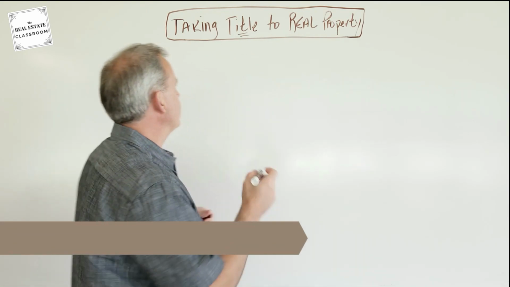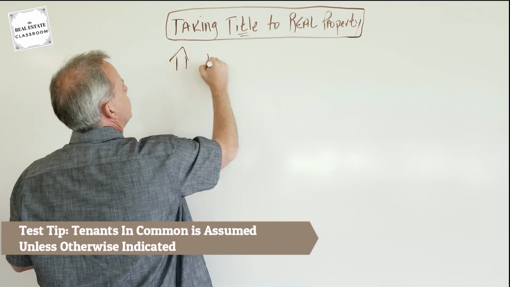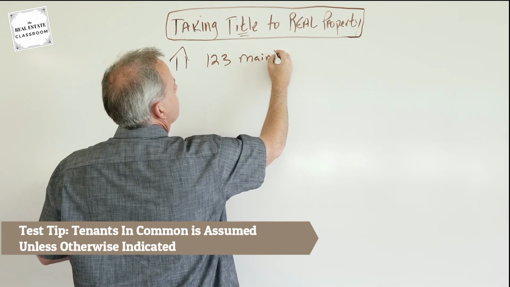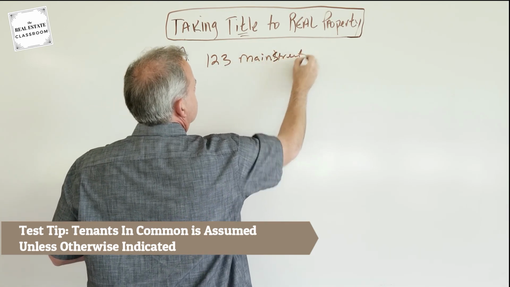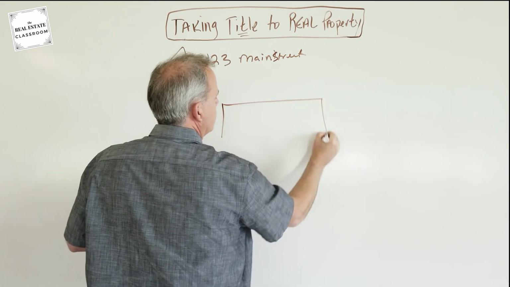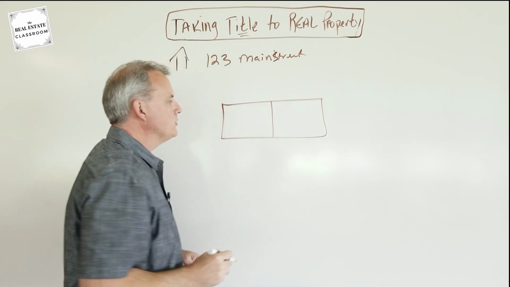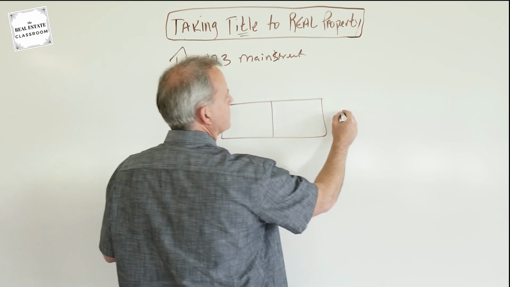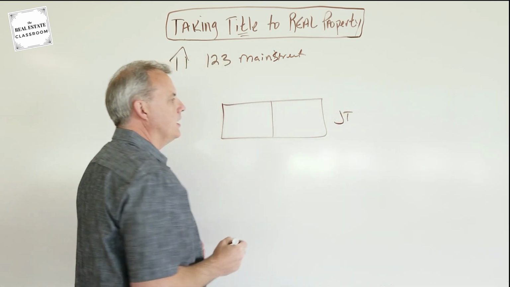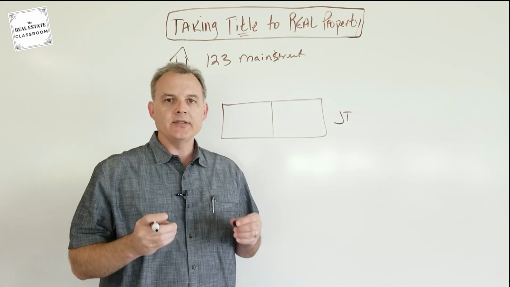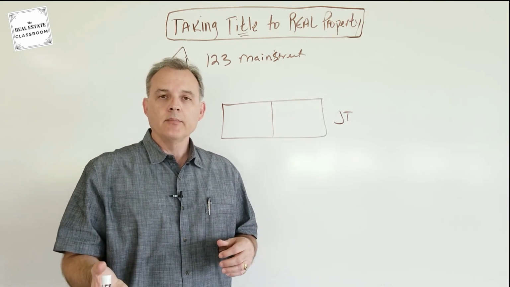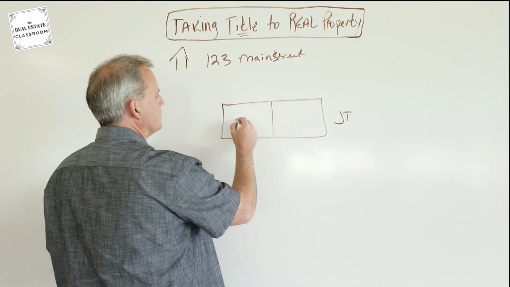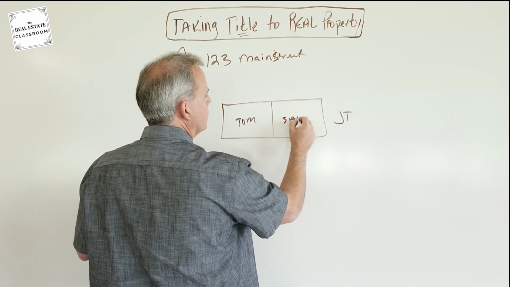Okay, let's say there is a house at 123 Main Street, and there are two parties that purchase this, and they purchase it with rights of survivorship, so joint tenancy. Now remember, with joint tenancy, rights of survivorship, whoever the surviving person is gets the interest of the other. So in this case, we've got Tom and we've got Sally.